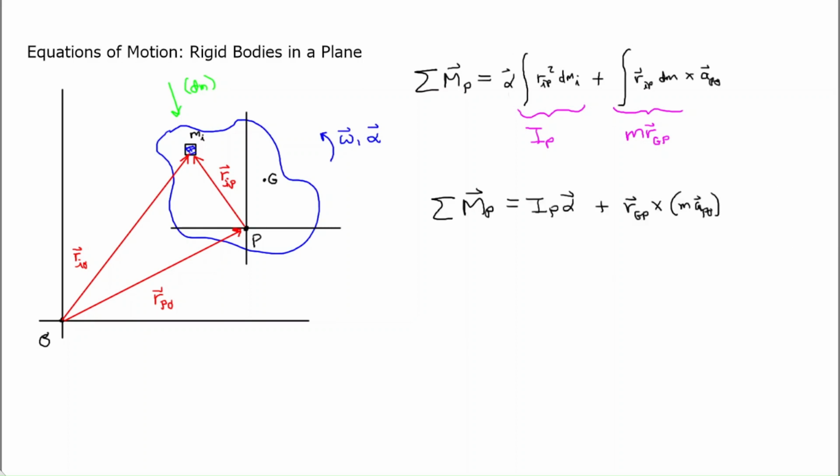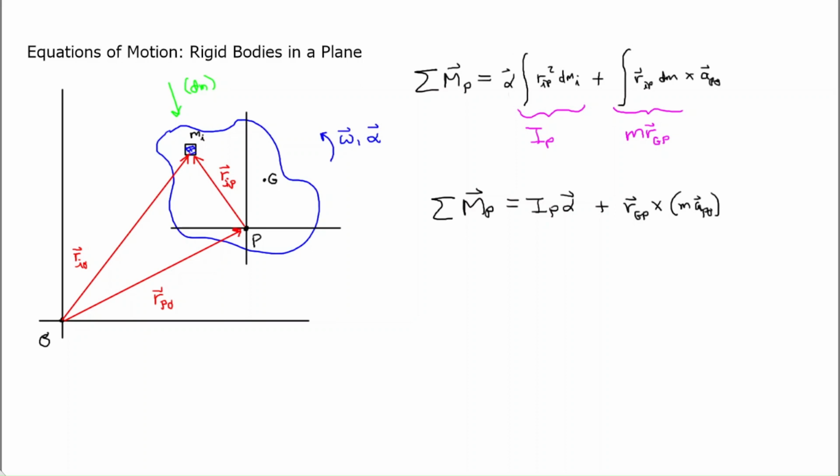At least for now, things are starting to come together, a little simpler. So the sum of moments about P equals I sub P times alpha plus R sub GP cross, and I've written it in parentheses, in a suggestive way, M times A sub PO.